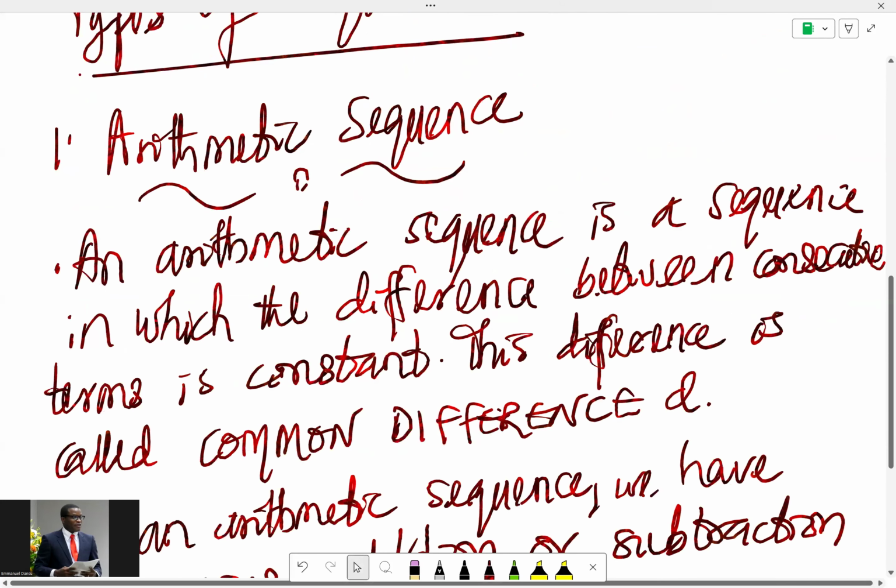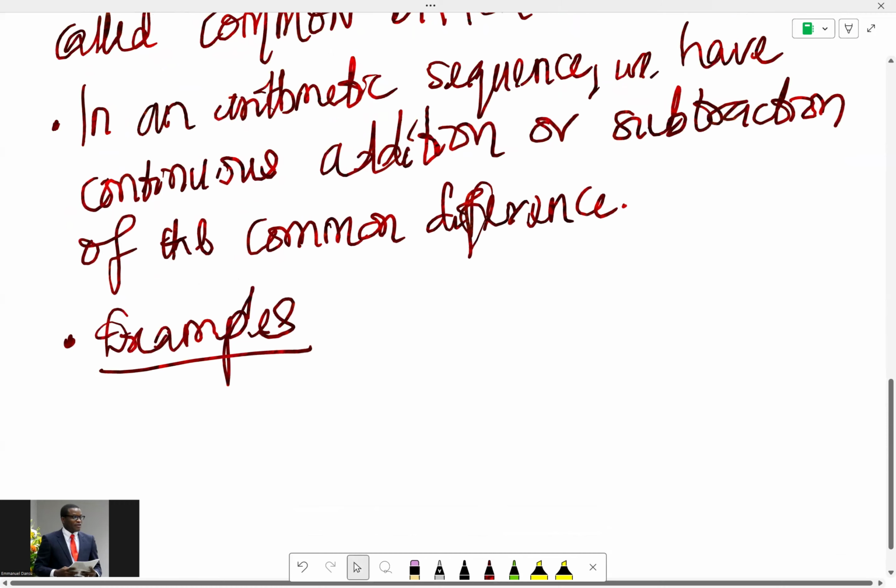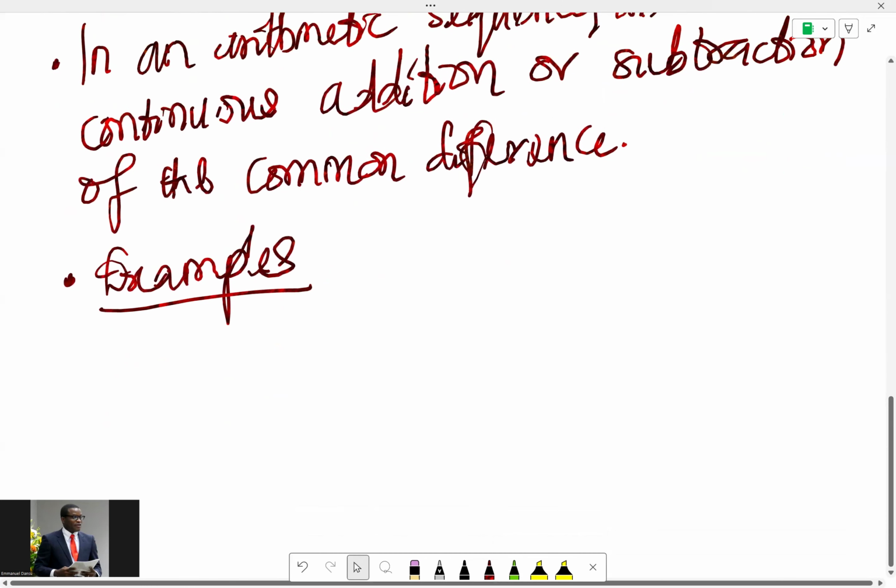So in this case, can we then see some examples? Since we already know it's about a constant addition or subtraction of the common difference.